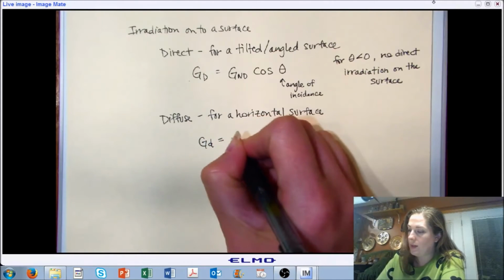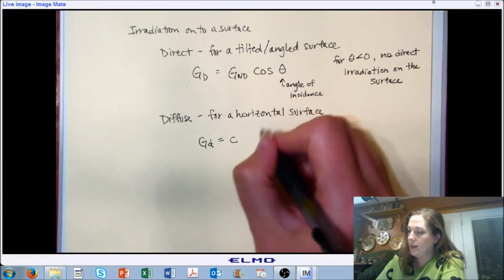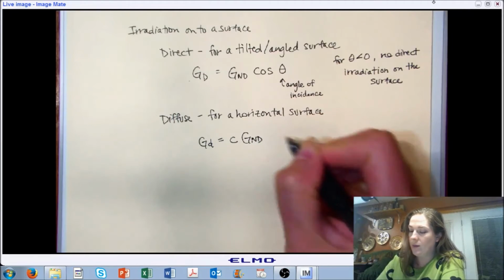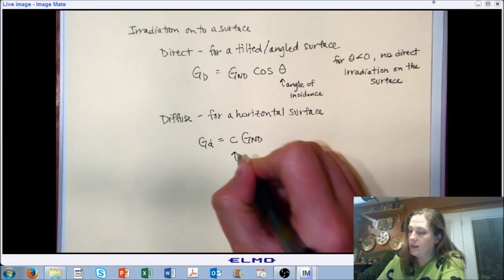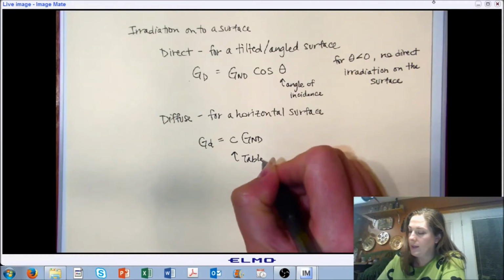So the diffuse is a constant multiplied by the normal direct, and that constant can be attained in table 7.2.